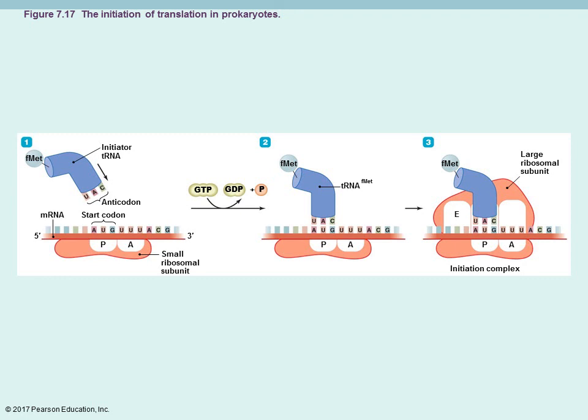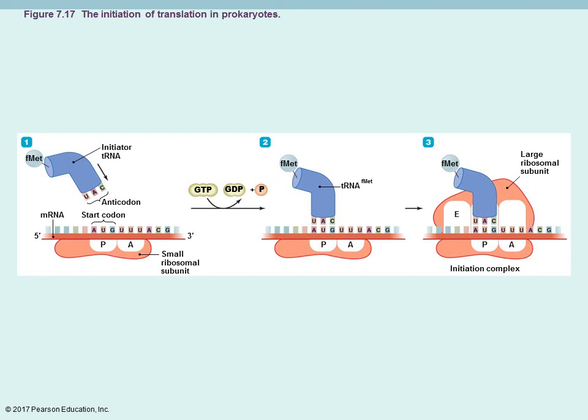The anticodon has the complementary base. If the bases do not match up, it's just going to bounce off. In this case, it is the correct one. Remember, A and U and G and C bind together. So the anticodon region binds to the codon, and it sticks in place there.